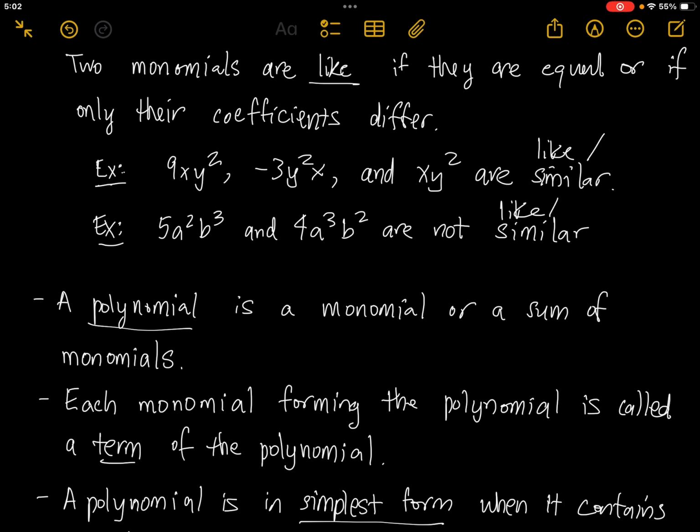Another word for like monomials is similar. Now how come these are like? Because if you look at the variables, you have an x times y squared in all of them. Notice in the second one it's written as y squared x, but that's the same as x times y squared.